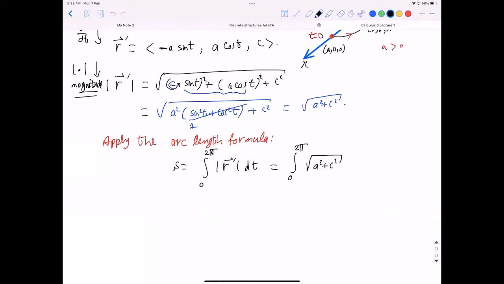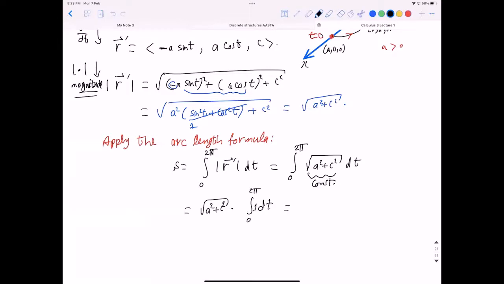Notice that many integrations you need to do in this course. So put the formulas of integration before you and use them step by step to be familiar with them all the time. This is a constant, so it can be taken outside the integral and integrate dt from 0 to 2 pi.